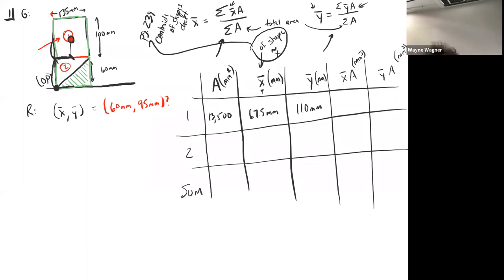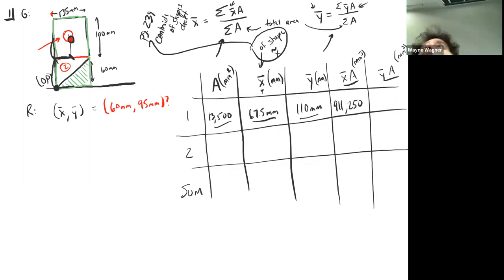Now basically I'm going to do X bar times A, and Y bar times A. So I'm just going to multiply. For X bar A, I multiply 13,500 times 67.5, and I get a really massive number, 911,250.